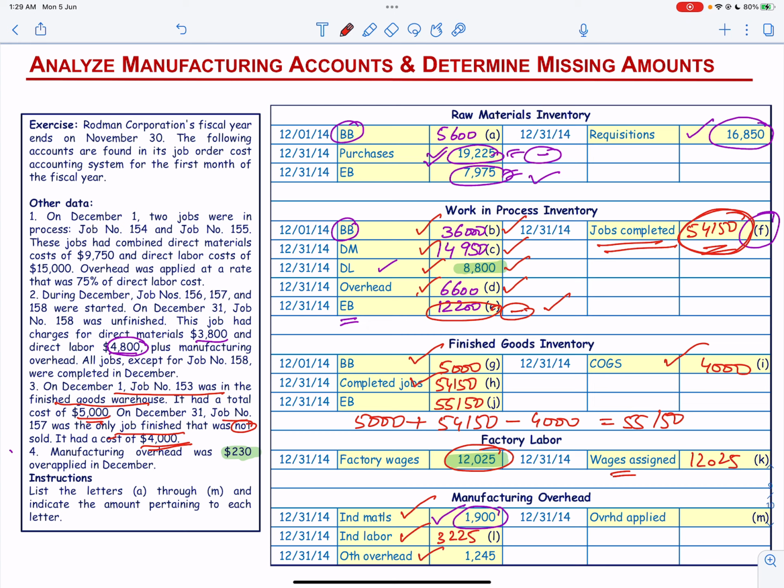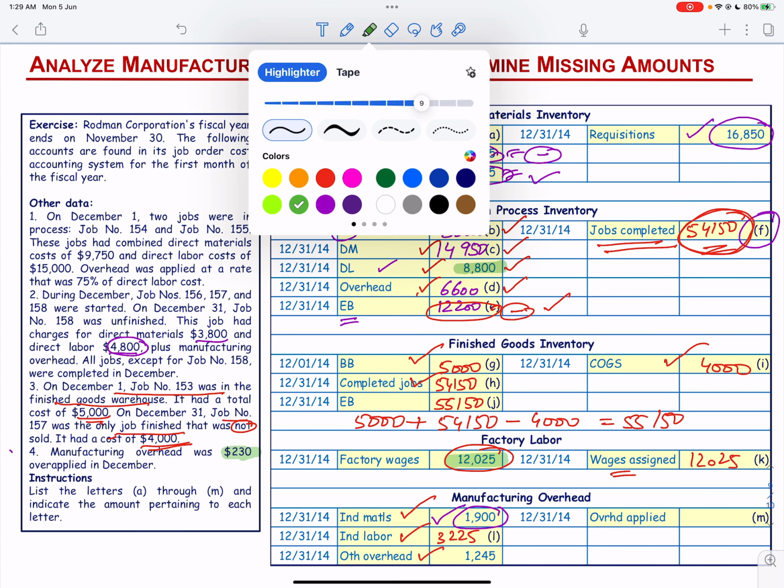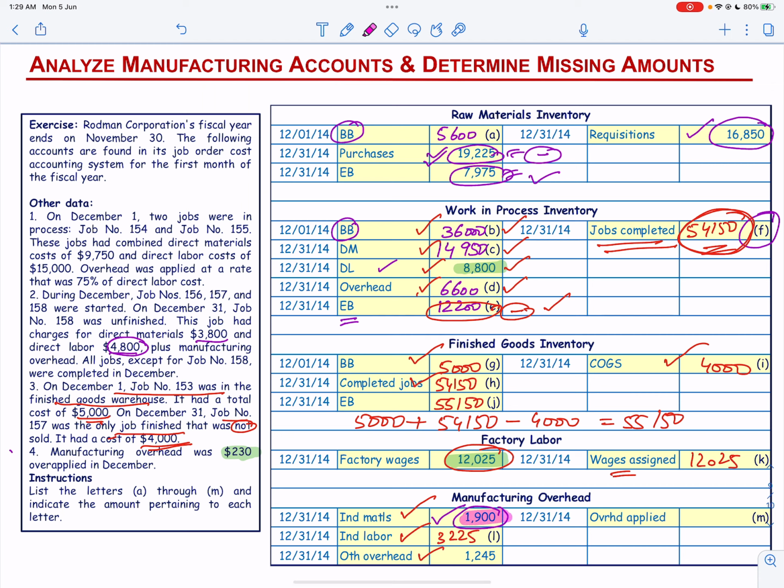So we have 1,900 plus 3,225 plus 1,245 plus 230, and that will give us 6,600. Now to verify whether we have calculated correctly or not, we must compare this amount with the overhead in the work in process, and you can see that the overhead in work in process is 6,600. That means we have made the correct calculation.